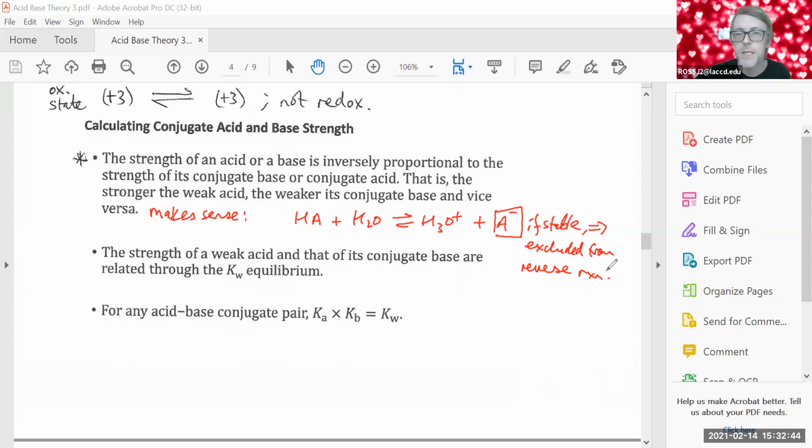If it's quite happy to stick around, it's not going to interact with the hydronium again or anything else to generate HA.